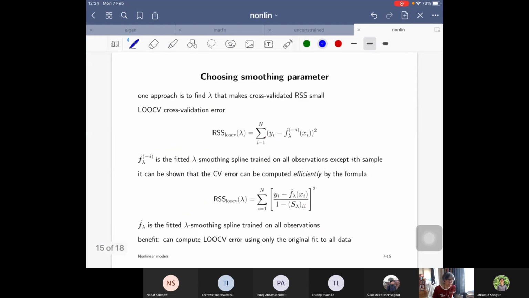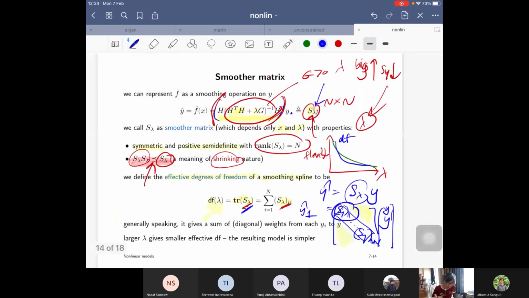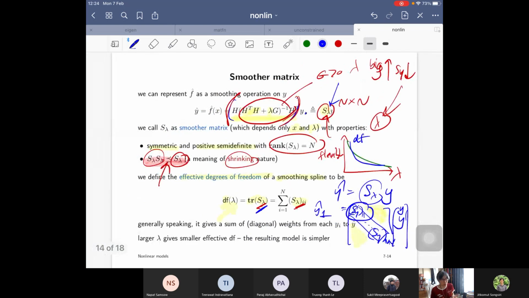Now the next obvious question is how to select the smoothing parameter. Again, we can use the concept of model selection: you look at both the aspects of model complexity and the fitting, regardless of the model choice.